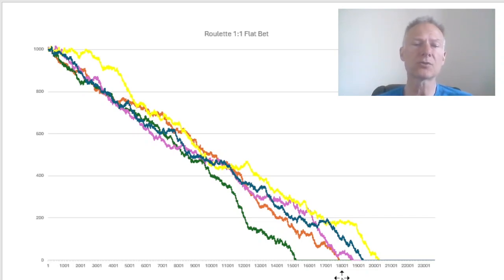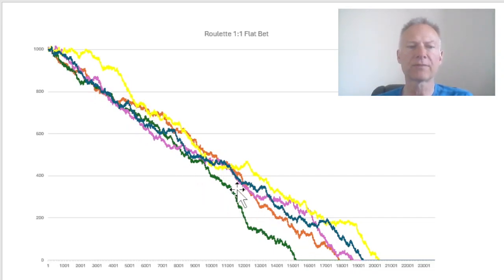So if I'm wagering 1 unit each time, let's say on red, then I expect to lose 1/19th of a unit per spin. And so for me to lose 1,000 units would take about 19,000 spins. And if you look carefully at this axis down here, you will see that 19,000 is right about here where I have my cursor. And so this slope here is just the house advantage.